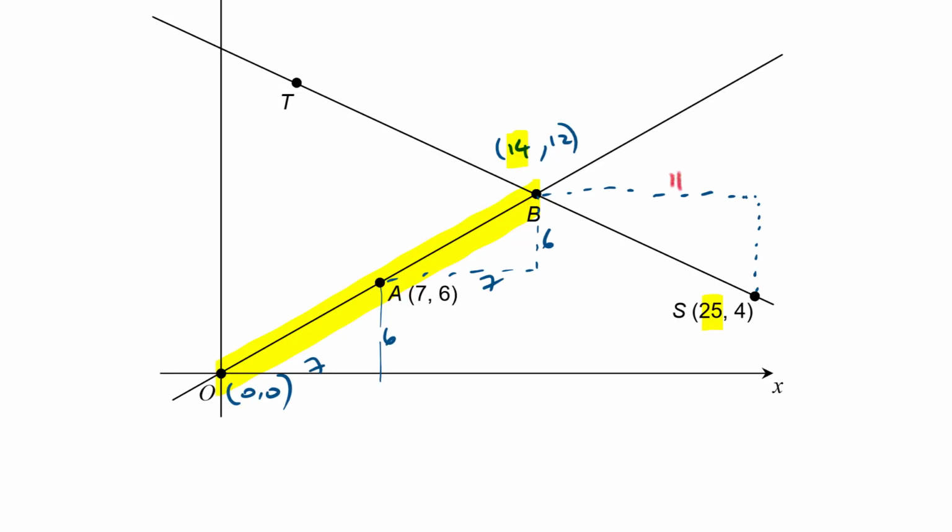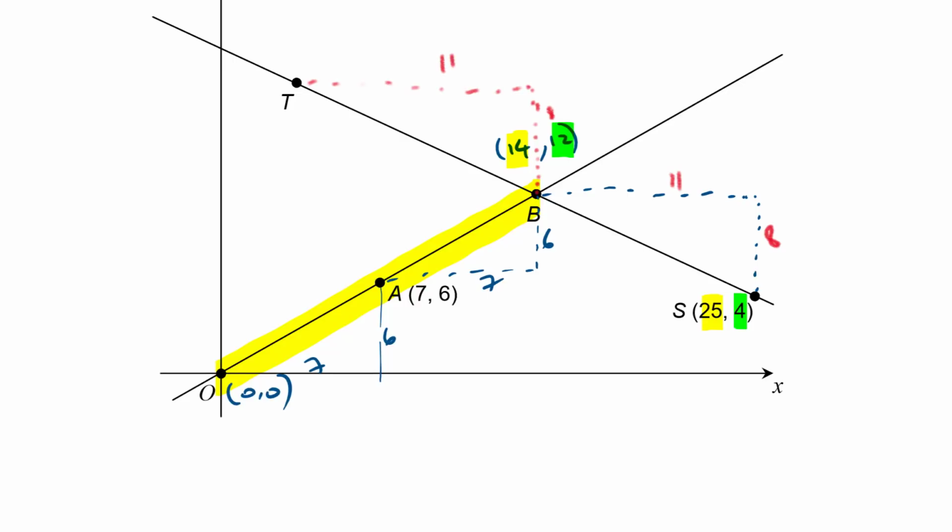So that distance there is 11. Their y coordinates, that's 4 and that's 12. That has a difference of 8. So that distance there is 8. So to go from B to T, we're going to have to go up 8 and we're going to have to go along another 11.